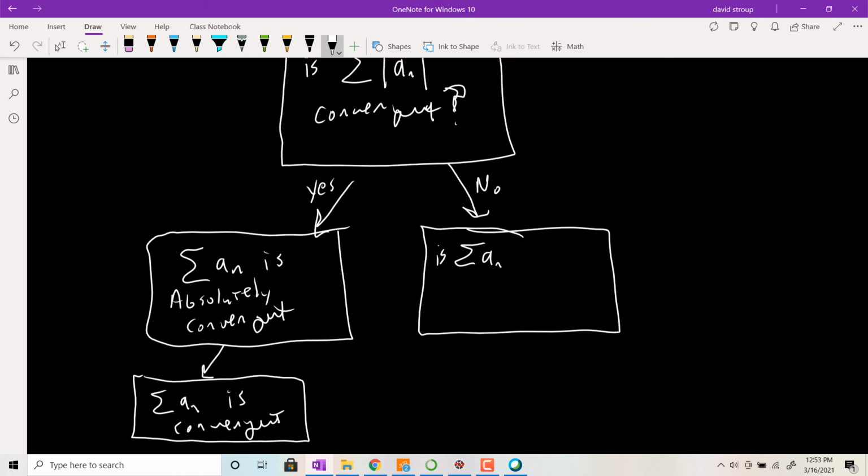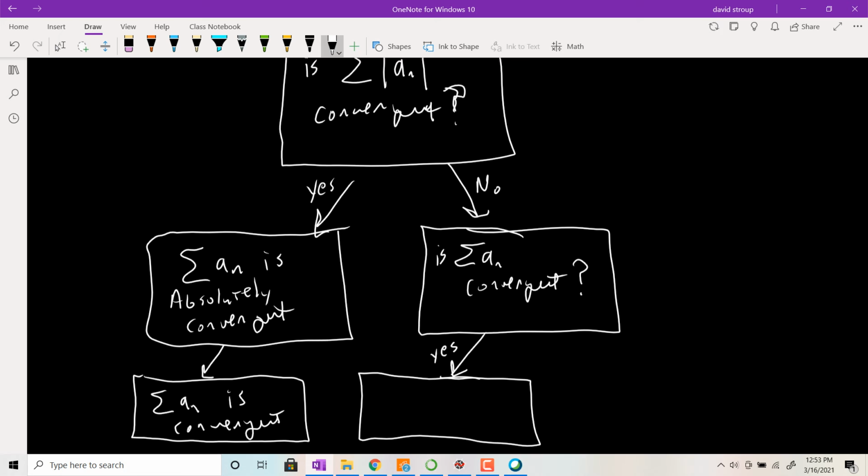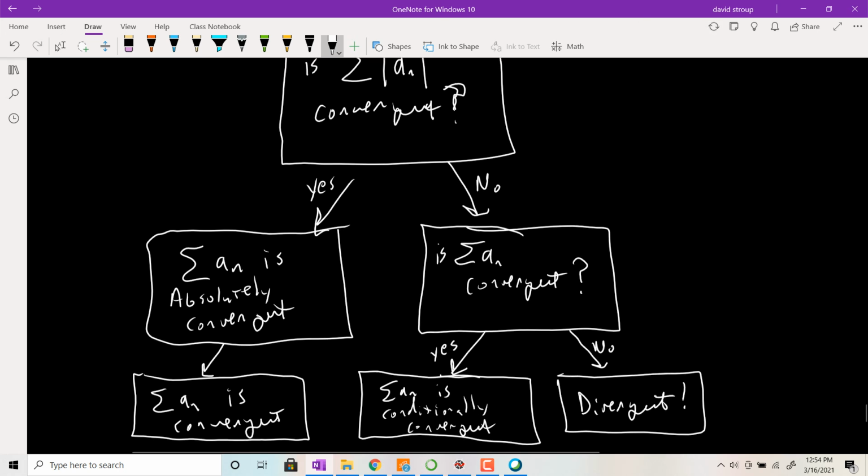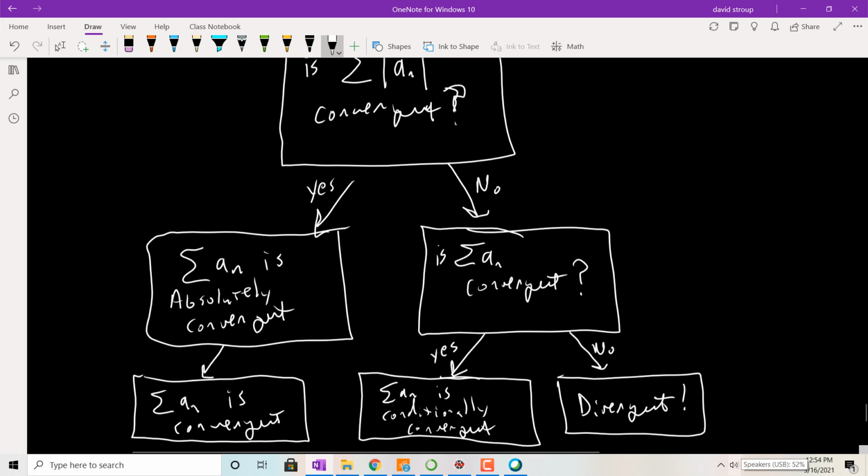Is this series convergent? If yes, the series is conditionally convergent, like with the alternating harmonic series. If no, then the thing is divergent. Okay, so these problems can get pretty long if you end up with one of these that turns out to be divergent. It's quick sometimes, but let's take a look.